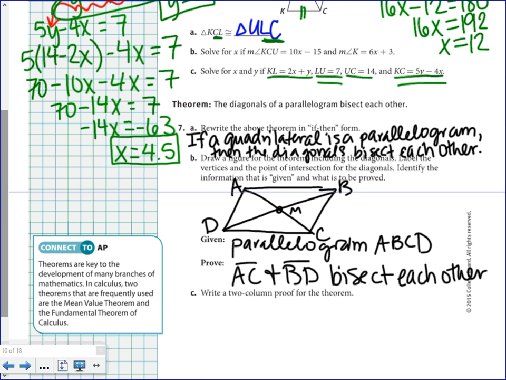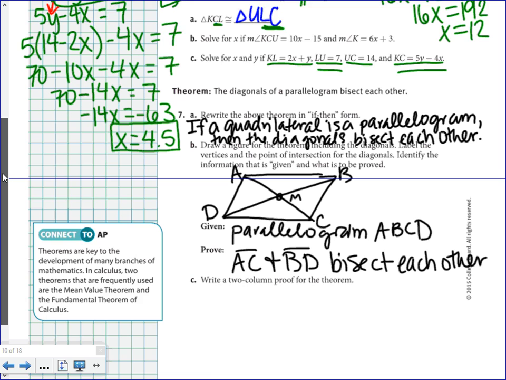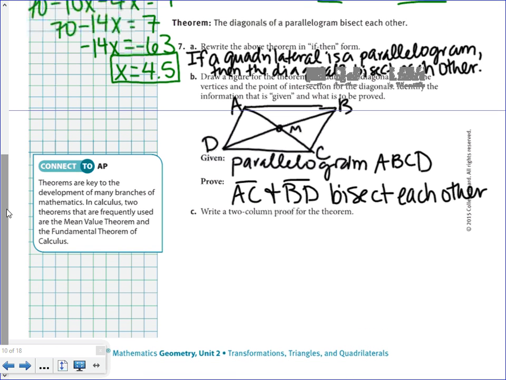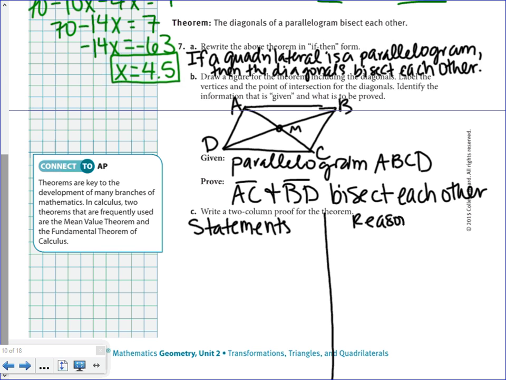And so now part C asks you to write a 2-column proof for that theorem. So, start off by setting it up. Statements and reasons. You always start with your given, and so our given information is that we have a parallelogram.